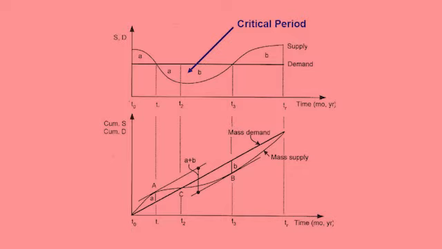Demand is always constant, and supply fluctuates with time. In the second figure, the cumulative supply and cumulative demand are shown, and as we have discussed, we draw the tangent at point A, capital A, as well as at point capital B, and calculate the values small a and small b in comparison to the mass demand. Adding these values, we get the summation of a plus b.